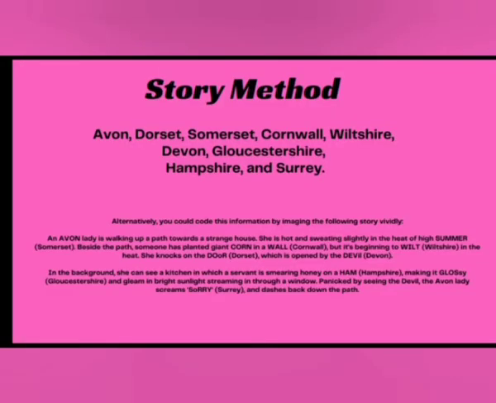Now, for the story method, we can make it into a story that you would remember. Now, the story here is an Avon lady is walking up a path towards a strange house. Now, we have the first one, Avon. She's hot and sweating slightly in the heat of the high summer. The second one, Somerset.